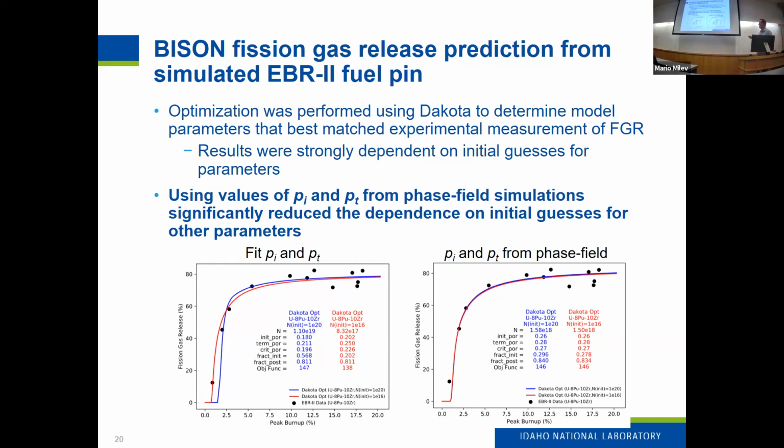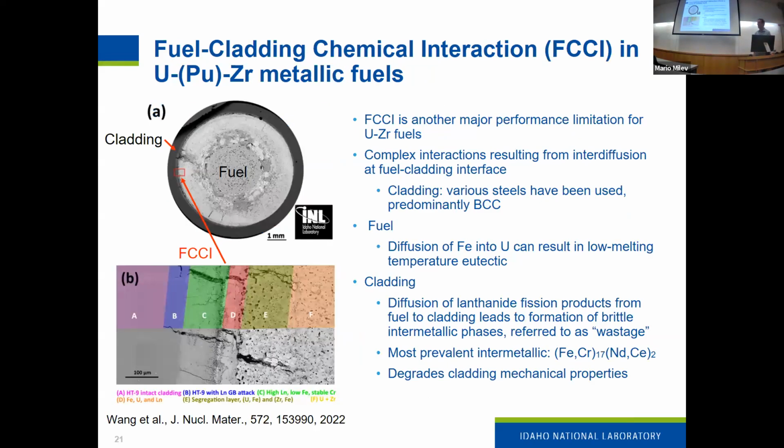And we found that the resulting numbers were much less sensitive to the value of the initial guess, and we got a pretty consistent set of numbers regardless of where we set the initial value. So I think that shows that we can use these mesoscale simulations to reduce uncertainty and help improve our knowledge of other parameters that are not so easy to measure.